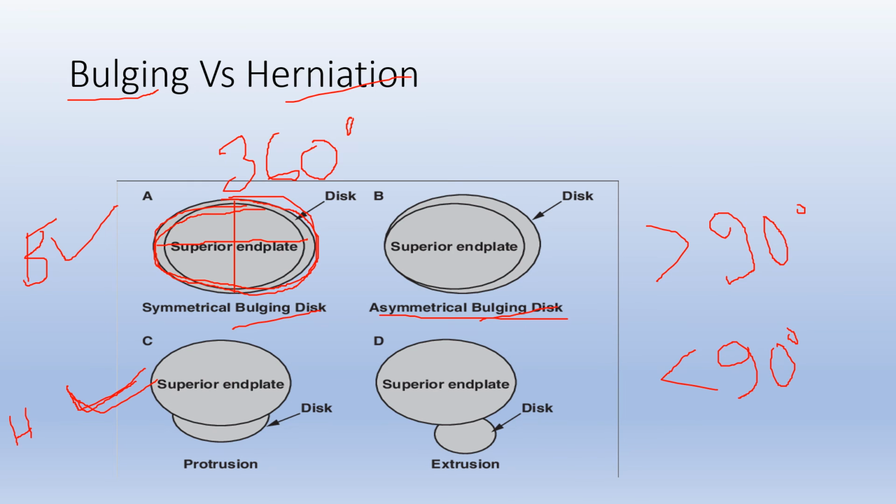Okay. So herniations are also of two types: one is protrusion and another is extrusion. So what is protrusion? Protrusion means when the disc head is narrower than the disc neck. But when the disc head is broader than the disc neck, or the disc neck is narrower than the disc head, then this is called disc extrusion.